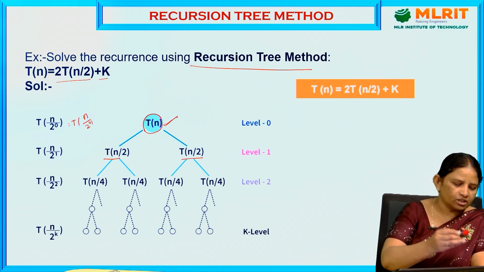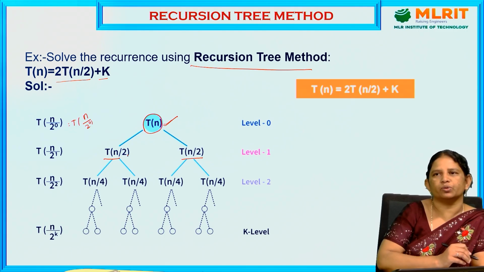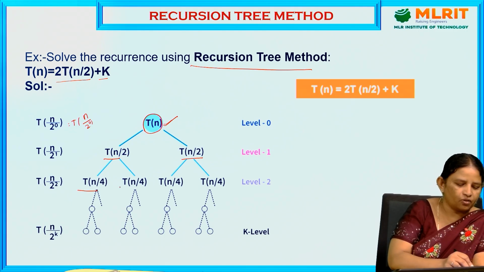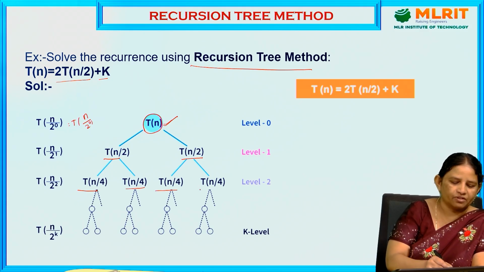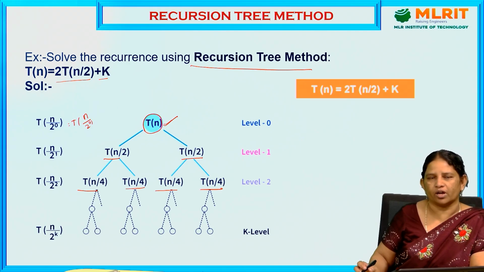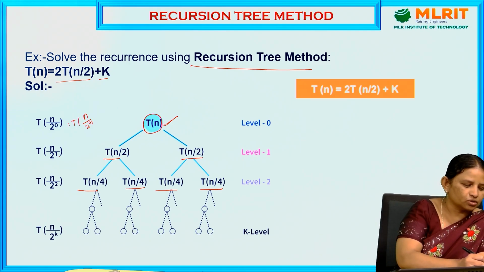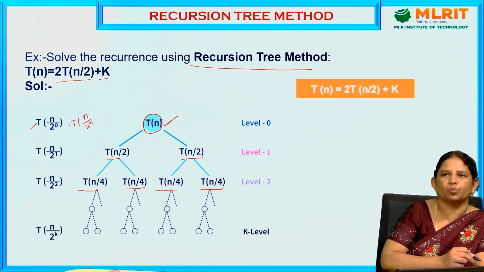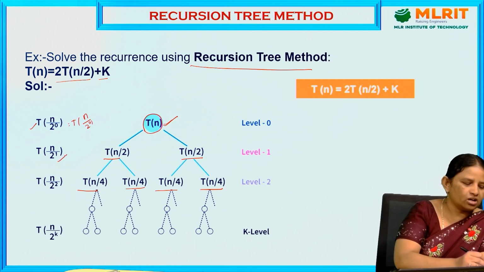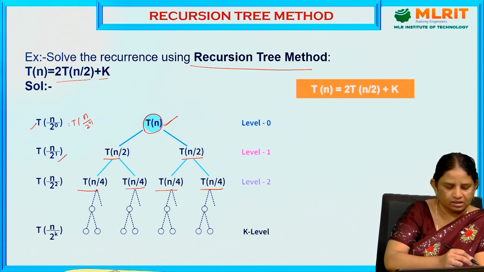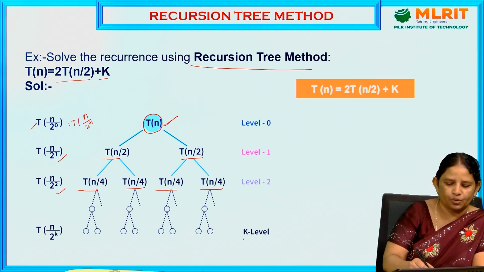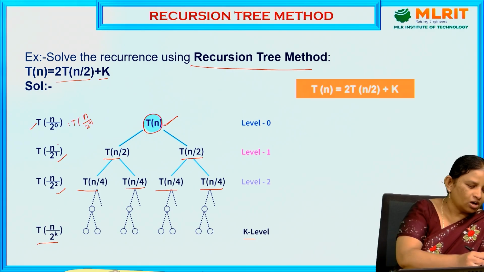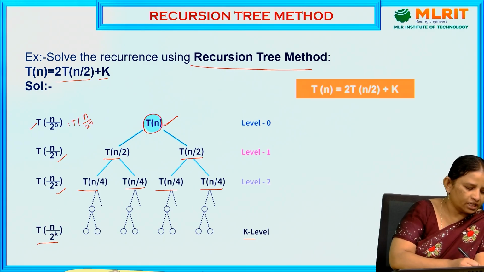Then T(n/2) is again divided into two subproblems, T(n/4) and T(n/4). T(n/2) is divided into T(n/4) and T(n/4), that is T(n/2 square). The first term is T(n/2 power 0), the second term is T(n/2 power 1), and the third term is T(n/2 square). This can be further divided up to k levels.